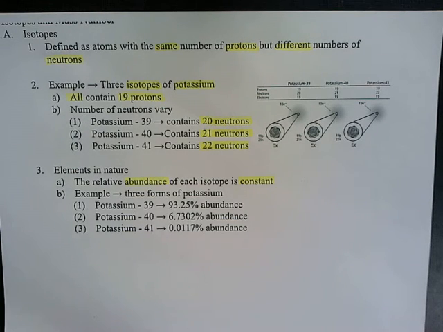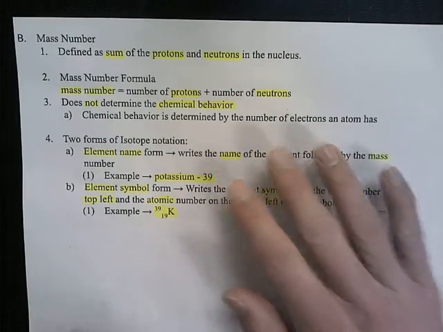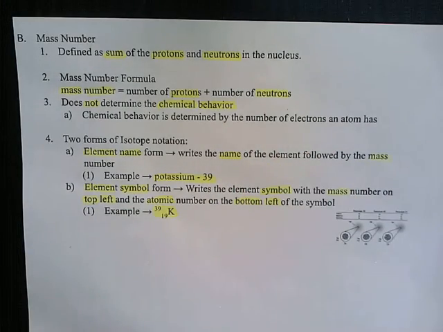Now, I mentioned some things that we need to go over before we get any further, one of which is the mass number. So the mass number is defined as the sum of protons and neutrons in the nucleus. And it has a formula: the mass number is equal to the number of protons plus the number of neutrons.